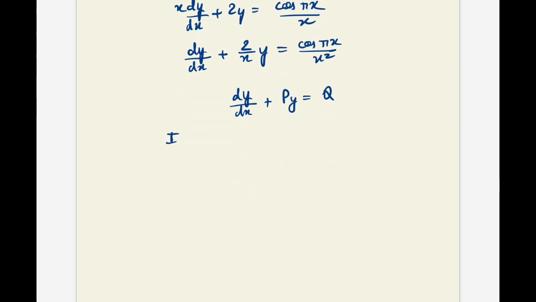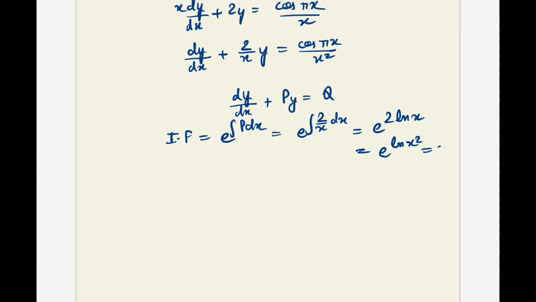Here the integrating factor becomes e to the power integral of p dx, which is e to the power integral of 2 by x dx, e to the power 2 ln x. This becomes e to the power ln x square, so the integrating factor is x square. So y multiplied by the integrating factor equals the integral of q multiplied by the integrating factor dx plus c, the constant of integration.